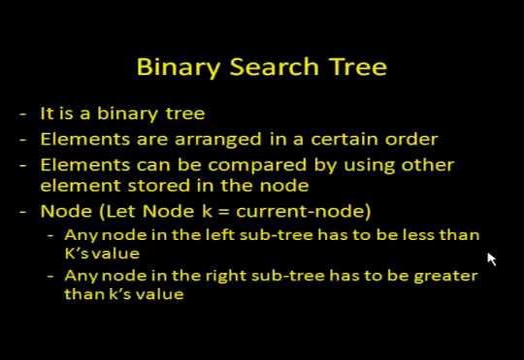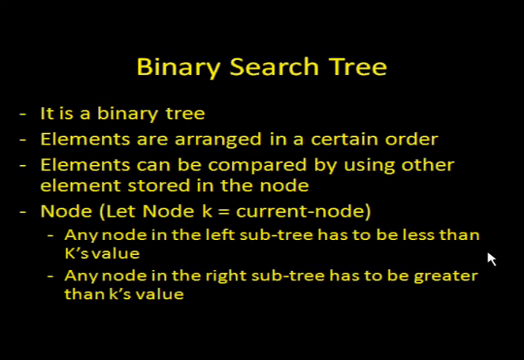Okay, now we are going to talk about binary search trees. Well, that's a binary tree where the elements or numbers stored in each node are arranged in order. In this case, if they are numbers, they can be in numerical order, or if they're letters or words, they can be in alphabetical order, and so on.